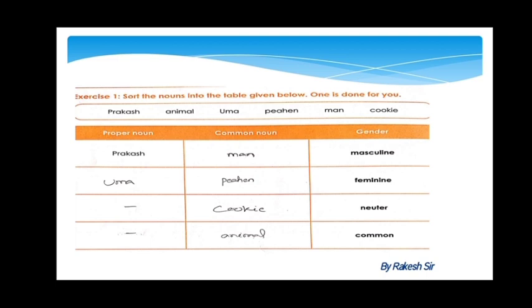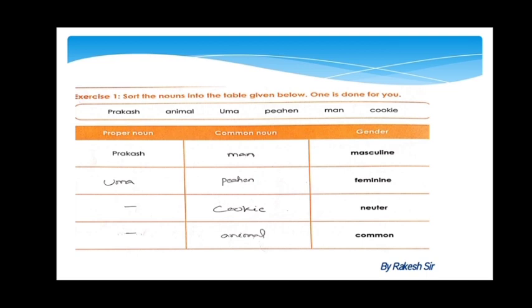Similarly, then peahen. Peahen is the feminine gender, peacock is the male, that means masculine gender, and peahen is feminine gender. So we can write that peahen is feminine gender. Now man, as you know, refers to masculine, but man comes under common noun.